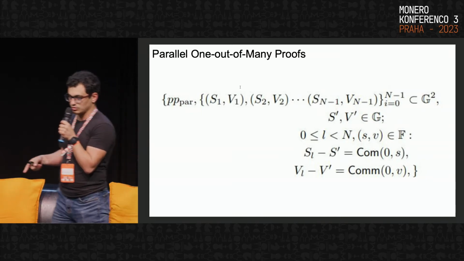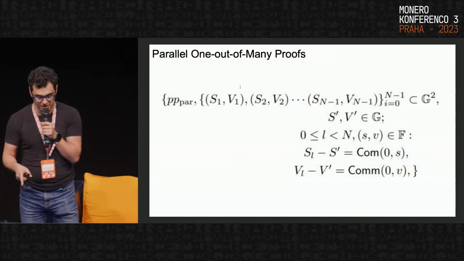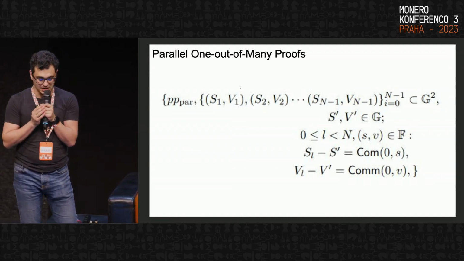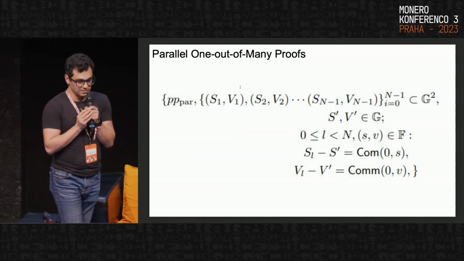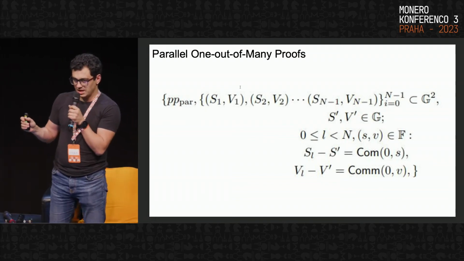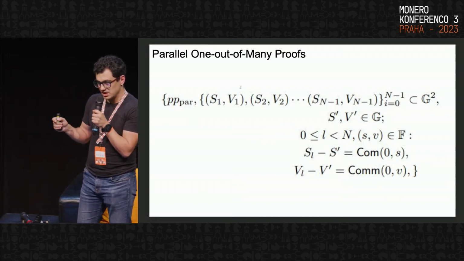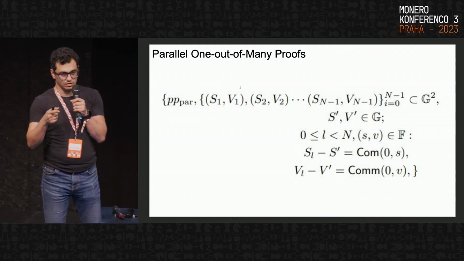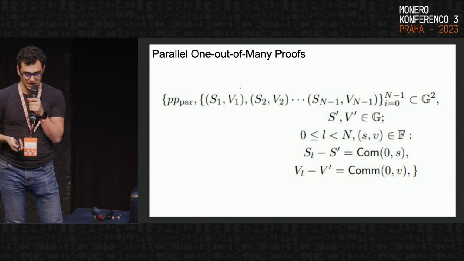Why parallel one-out-of-many proofs? Because in the mechanics of Spark, the coins are composed of two different serial commitments, right? So we have to prove that, given a set of pairs of commitments and given these offset commitments, both offset commitments are encoding the same value as one of the pairs in the anonymity set.